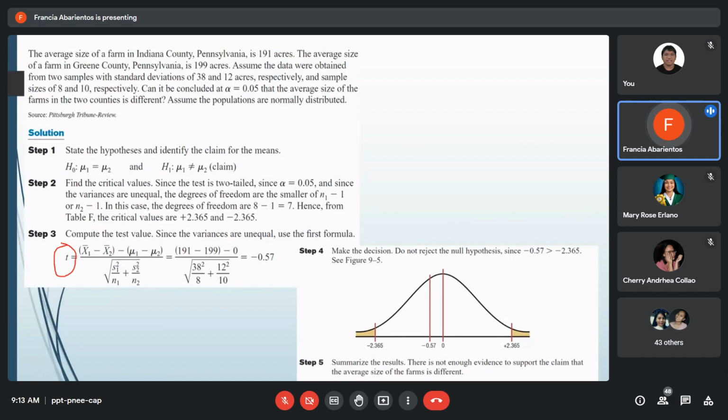Given sa atin yung standard deviations of 38 and 12, the sample sizes of 8 and 10. Bakit? Kailangan natin ito for the degree of freedom. Can it be concluded, with alpha equal to 0.05, that the average size of farms in the two counties is different? We assume that the populations are normally distributed.